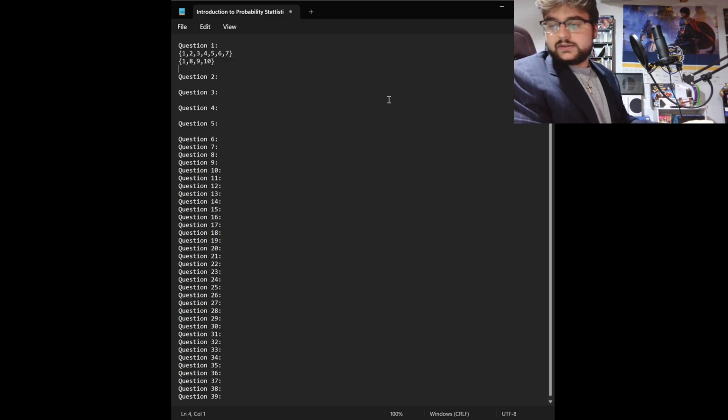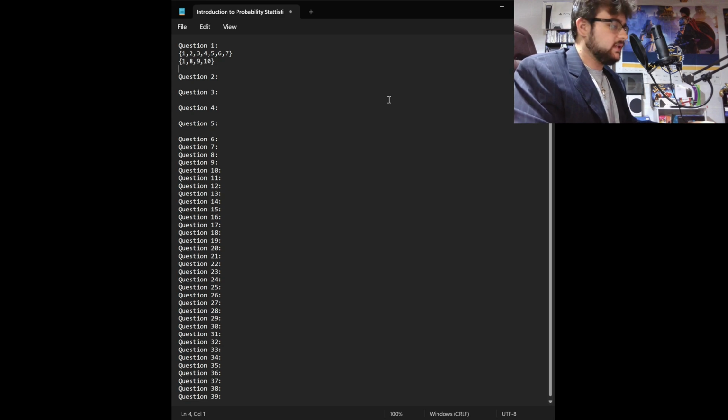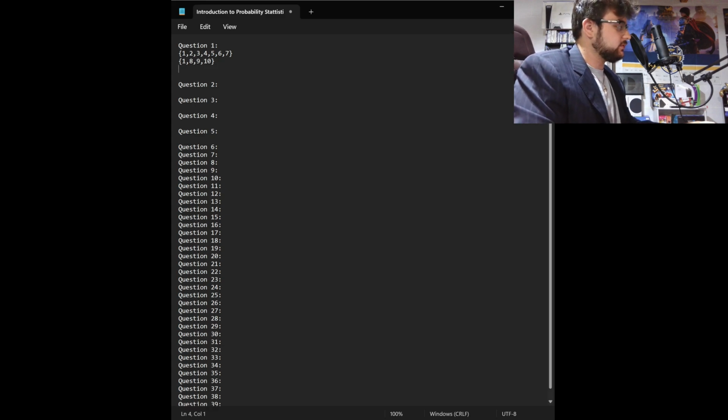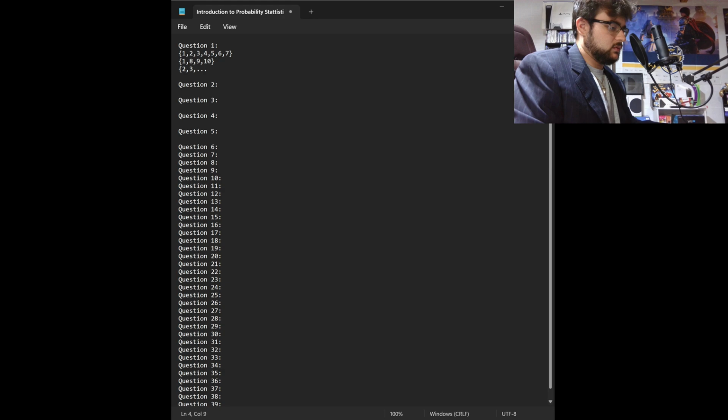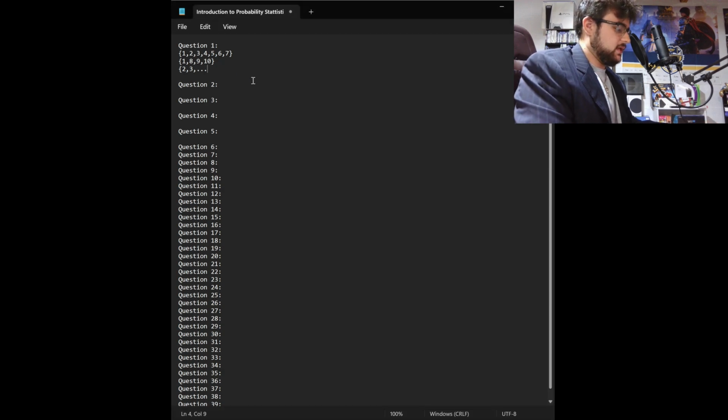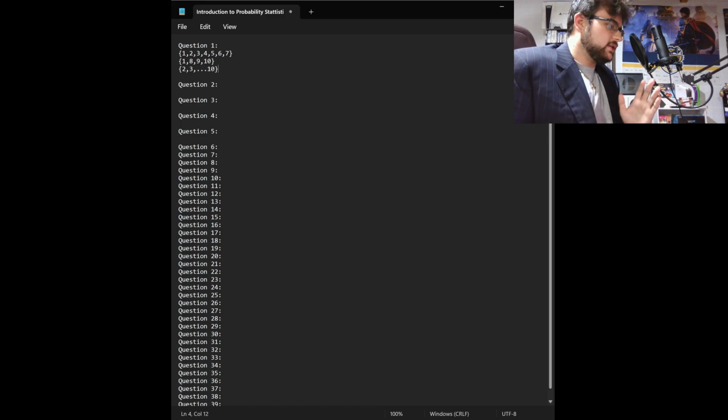Next one is A union B minus C. This one's also very simple. It is 2, 3, and then I'm just going to do this to 10 here, and that shows that this set is 2, 3 all the way to 10.